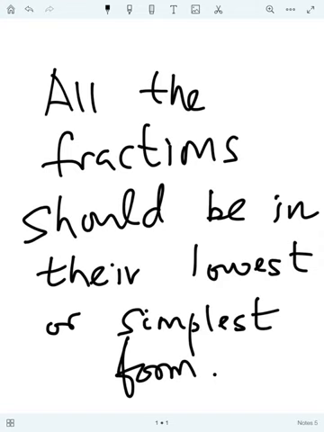It means if in a fraction there is a common factor, we can cancel that factor and simplify it first, then apply this formula. So this is a very important point in applying this formula. All the fractions should be in their lowest or simplest form.